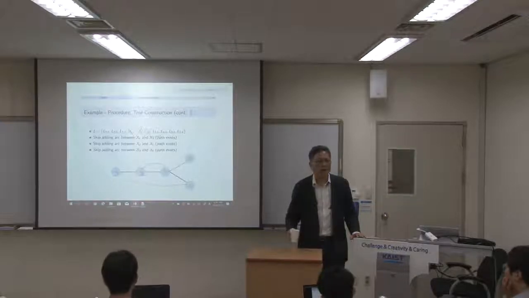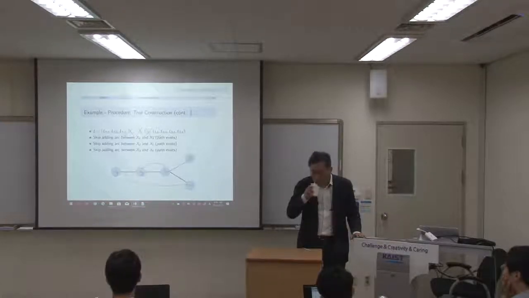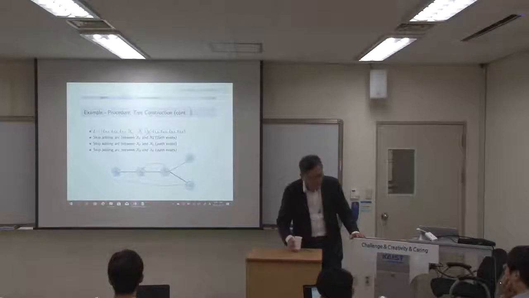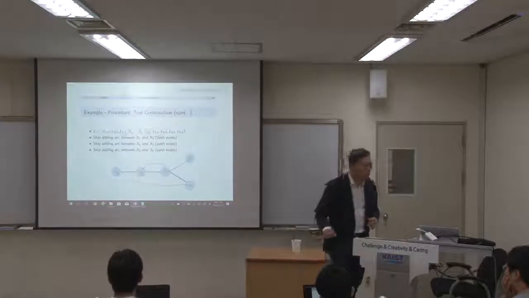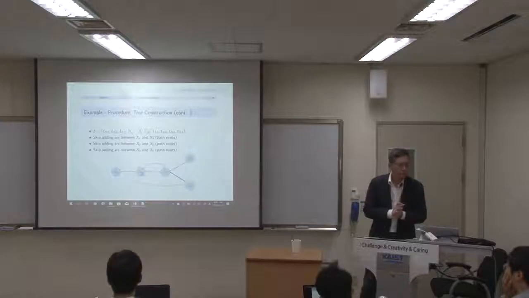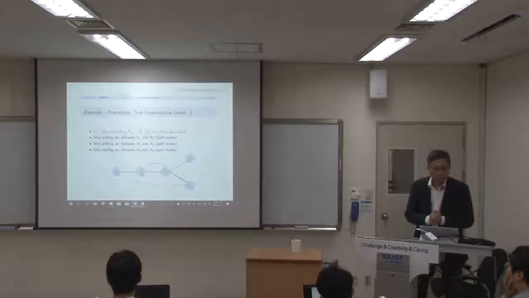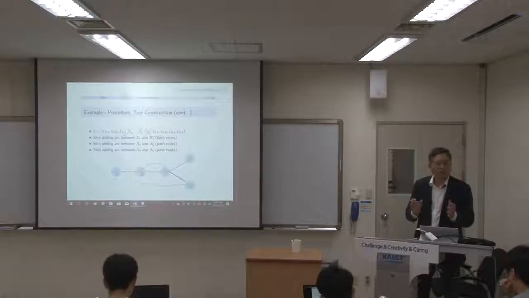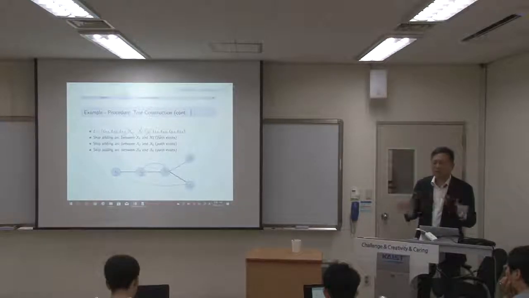Chow and Liu maximizes the sum mutual information in a graph.